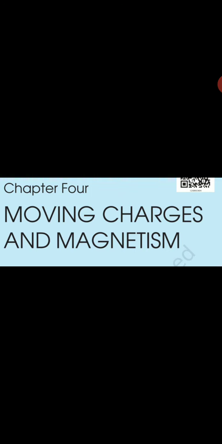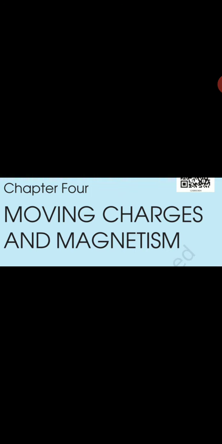And fourth, if we change the electric field, that is, a changing electric field can also produce a magnetic field. So we discussed the four ways by which a magnetic field can be generated. The first, simply with the help of a magnet.